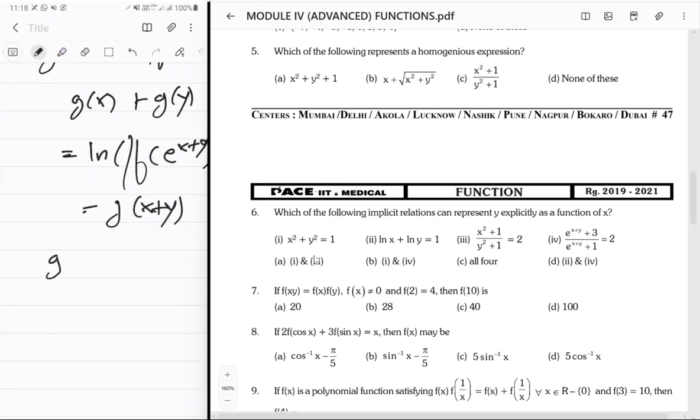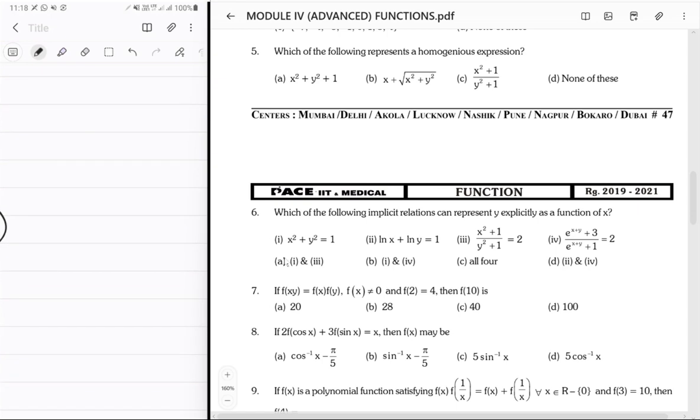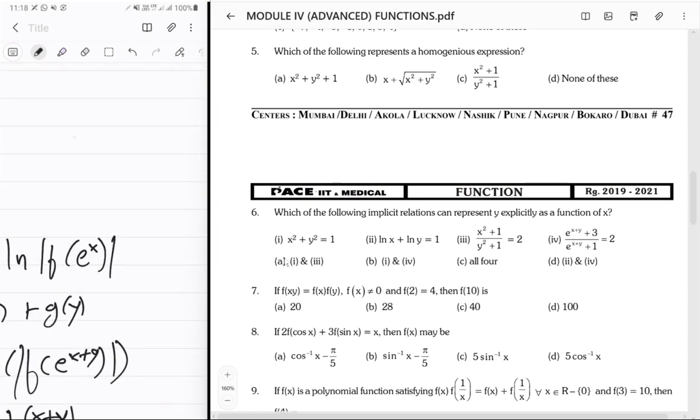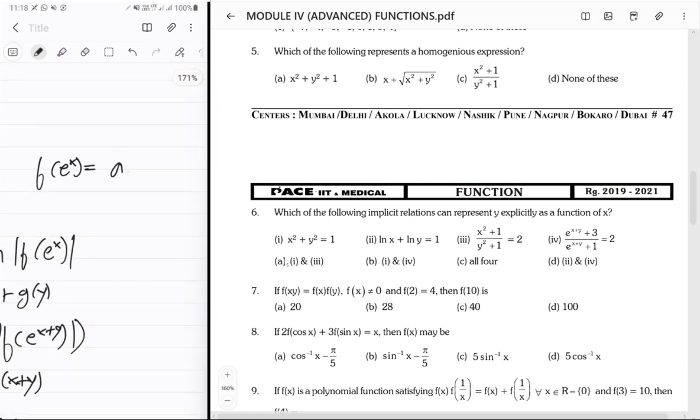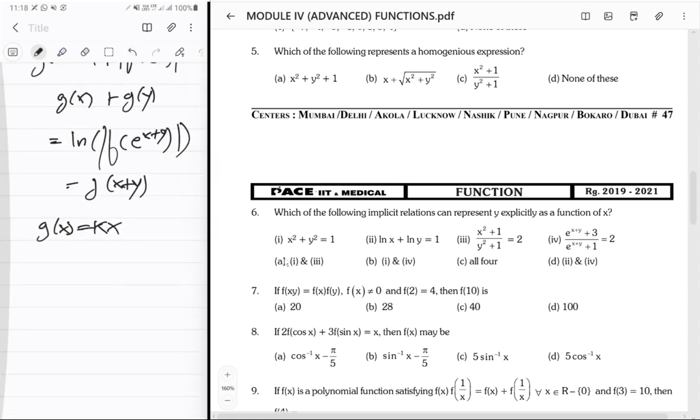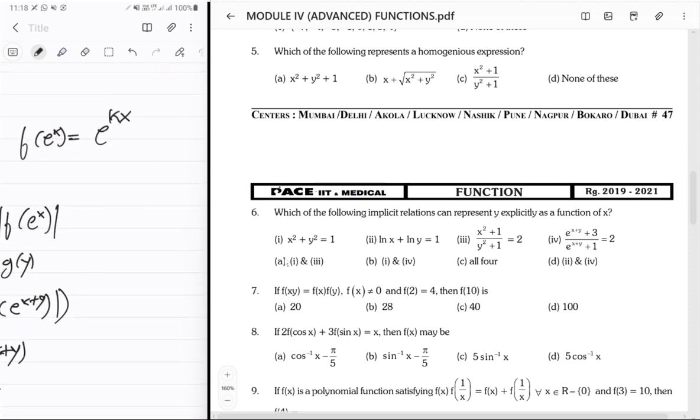So g of x is equal to kx because it satisfies the Cauchy equation, which means f of e power x is something like e power kx. The k is just some number, we don't know what that is. Makes sense. Cool. And after that, just replace e power x by x.